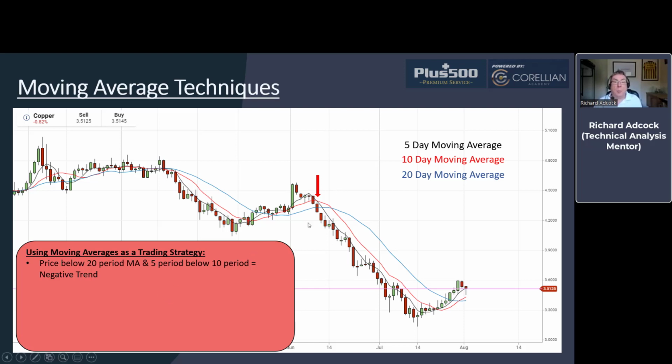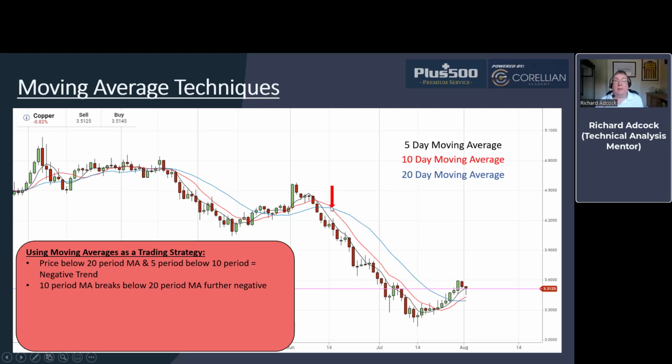averages. So when price starts to break below the 20-period moving average and the 5-period is below the 10-period, then we have a negative signal and the risk of a more extended downtrend beginning to materialize. And as long as this setup continues, that trend is set to be extended.